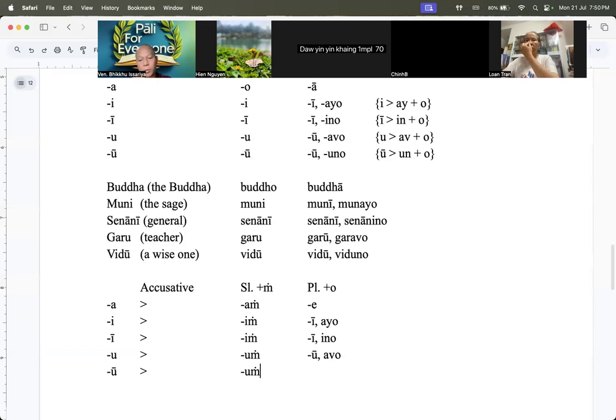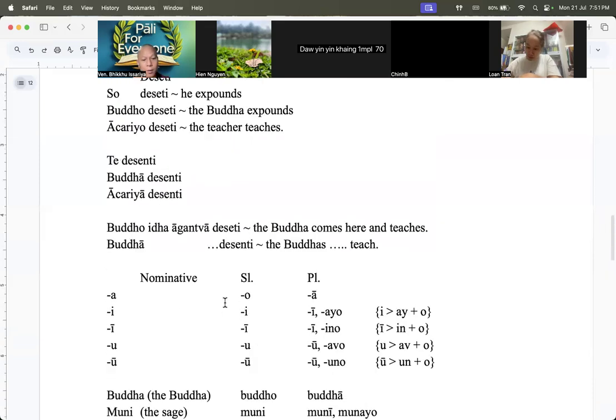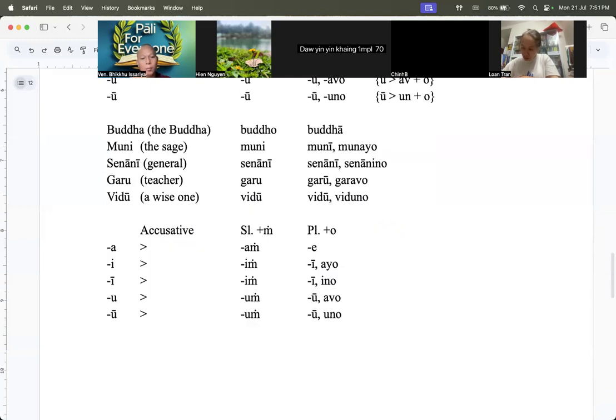And for the plural, U and 'avo', like that. So the plural is exactly the same as the nominative case. The nominative case, as I already explained, is mostly the subject. Here, the accusative case is the object.